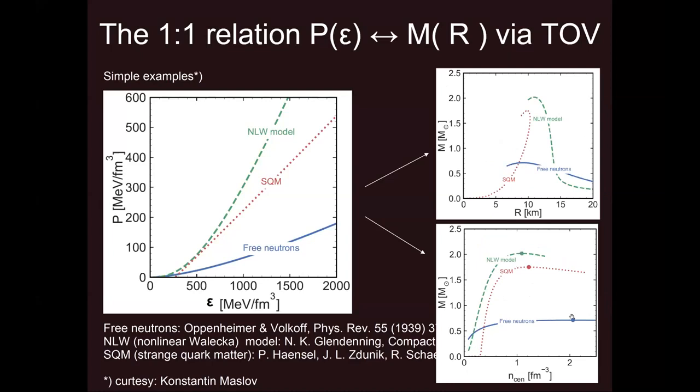So the highest central density we have for the very soft free neutron gas, and for stiff matter, the central densities are lower. So it is not true what one naively would expect, that the more mass you have in a pulsar, the higher the central density should be. No, this is not necessarily true.